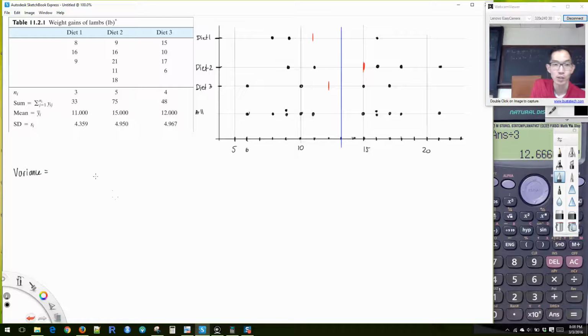So we're going to have each value y minus y bar squared, and we're going to add these up, and then we multiply this by 1 over n minus 1.